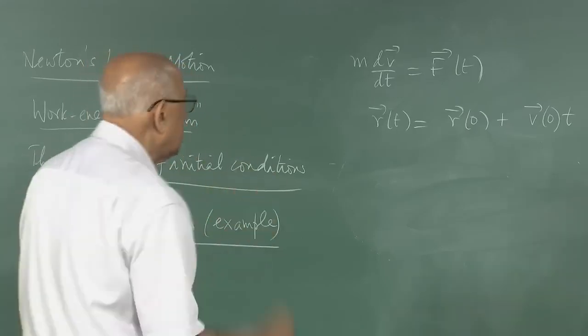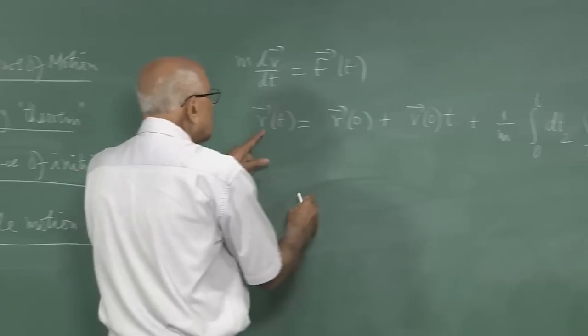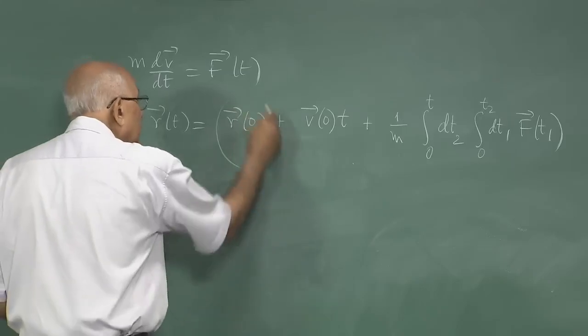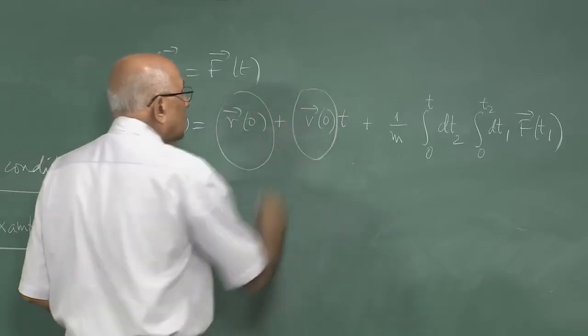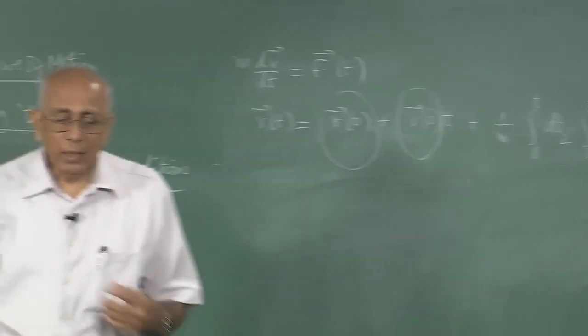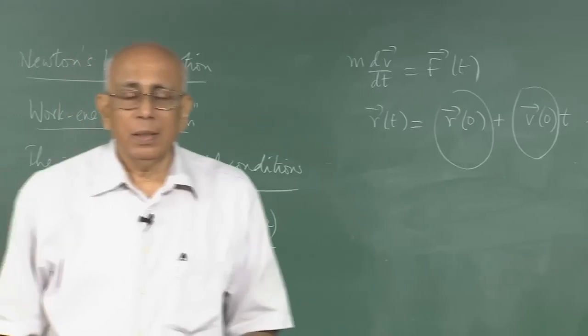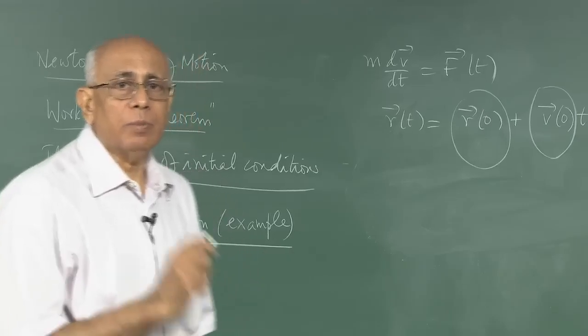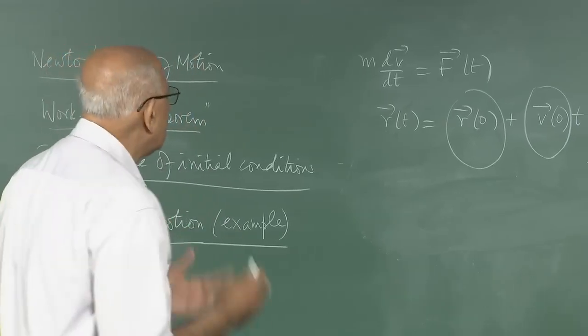That is what we are seeing when we see that this displacement or position vector at any time is dependent on the initial position and the initial velocity. So the initial conditions matter. Not only does the initial position matter, but the initial velocity also matters. That is telling us something extremely deep.